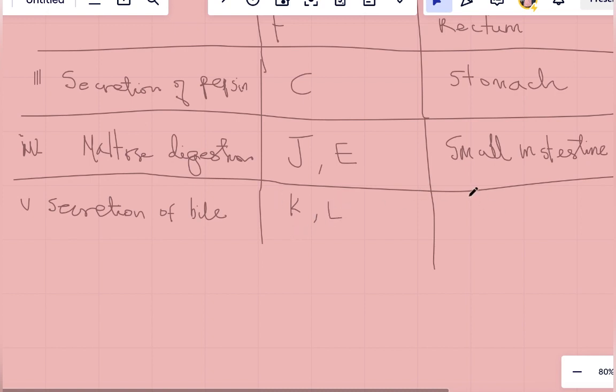K is for, like we saw just now, one is for the liver and the other one is the gallbladder. So we just write liver and then we also write gallbladder.